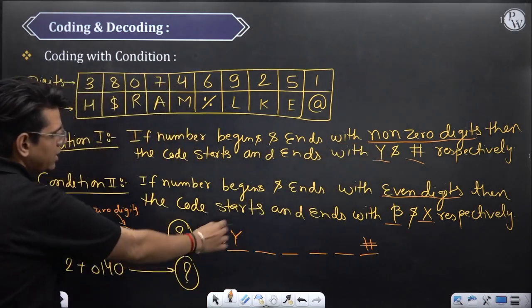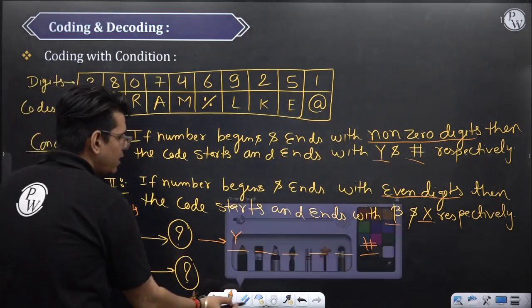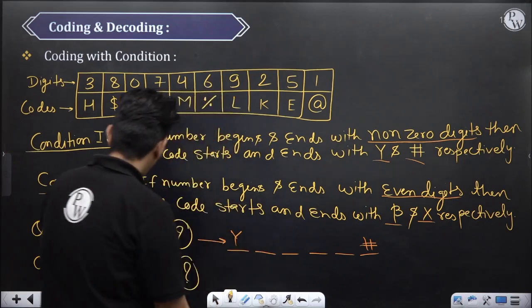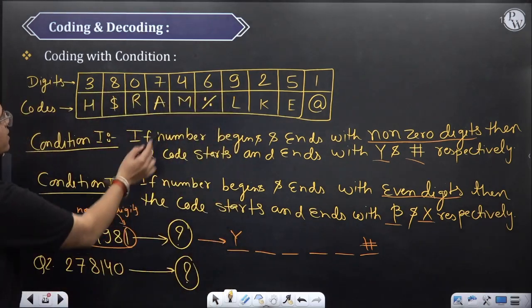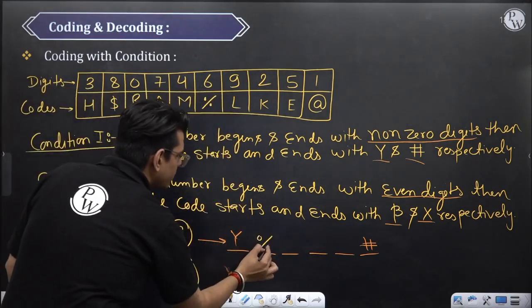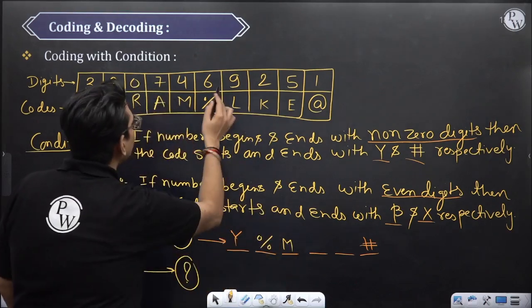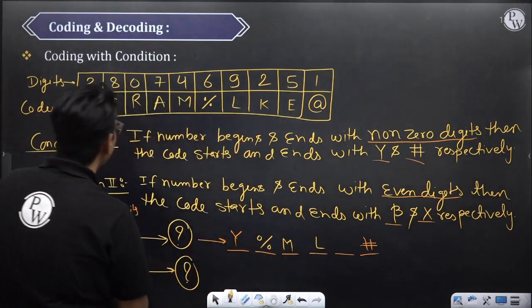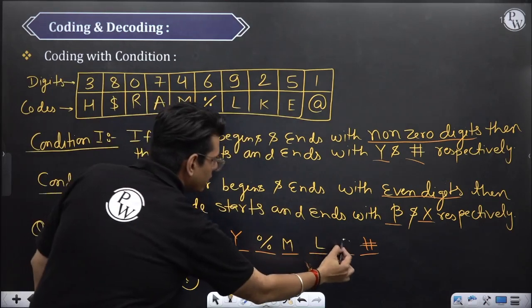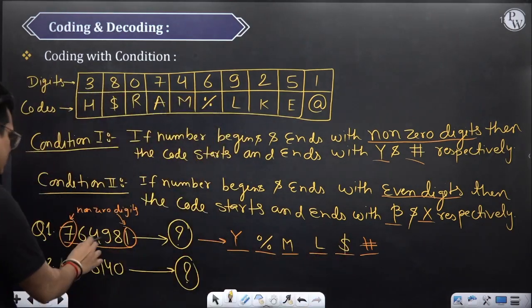So these are fixed. Now we need to fill the quantity in between. So 6498: 6 is percent, 4 is m, 9 is l, and 8 is dollar. So this is the code for 764981.